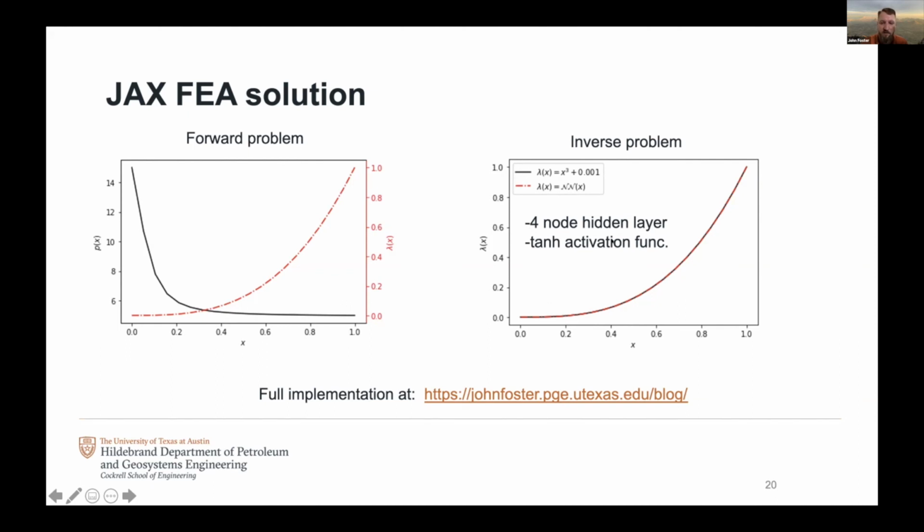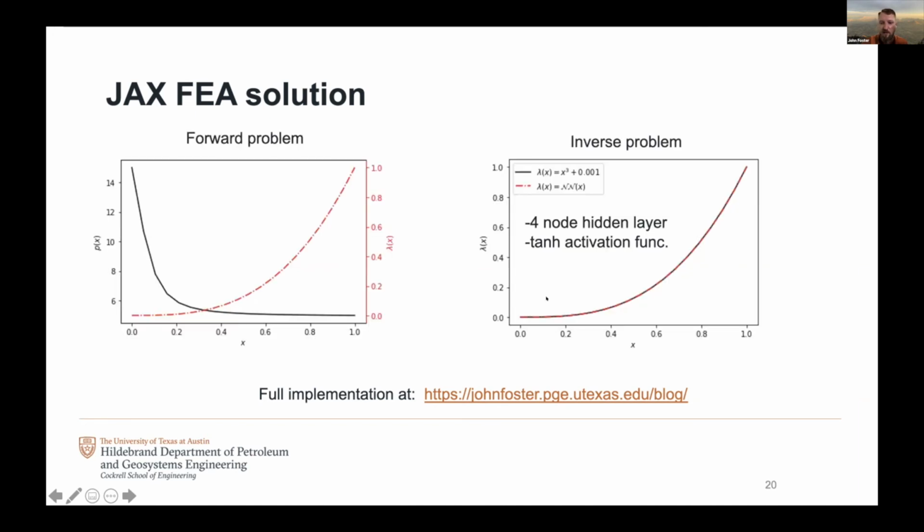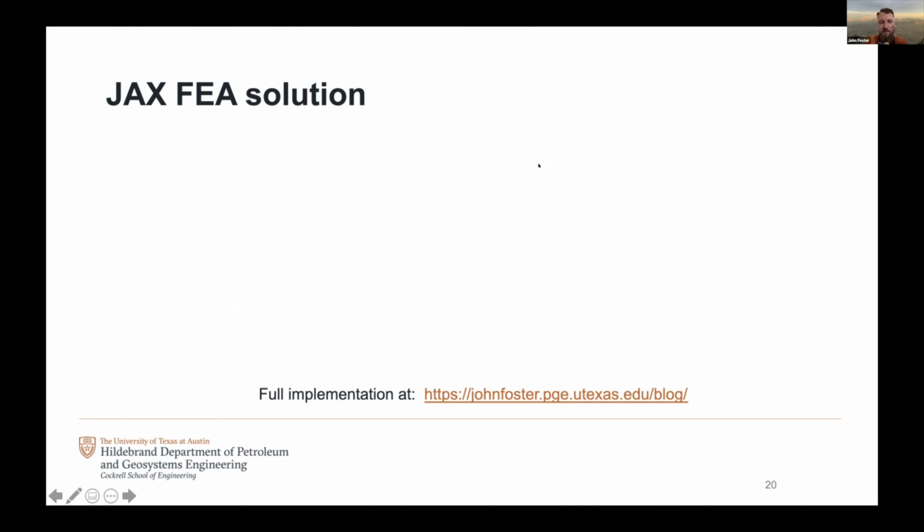That's it, one single hidden layer with 4 nodes and a tanh activation function. And I trained that neural network through the solution of the differential equation, again, in my JAX code. And I actually learned the mobility function, right? So that red line represents the learned function and the black line represents the known function with which I generated the data.